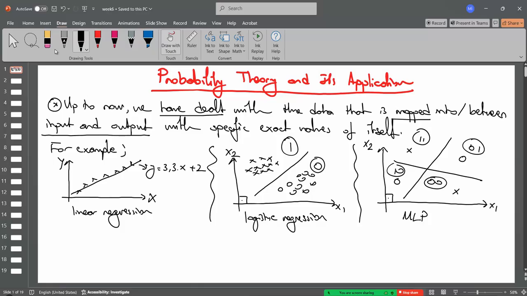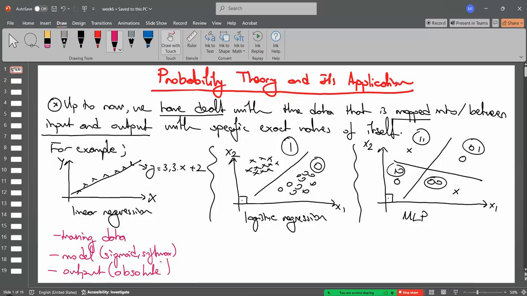But in every case, we utilize the training data and also a model, sigmoid or softmax or something like that, okay? And also we have the output, but every time this is absolute, okay?